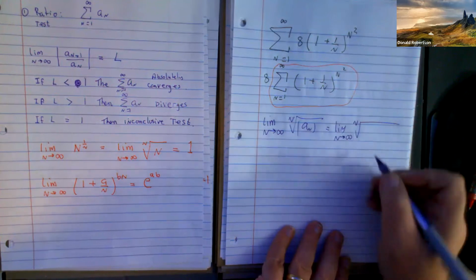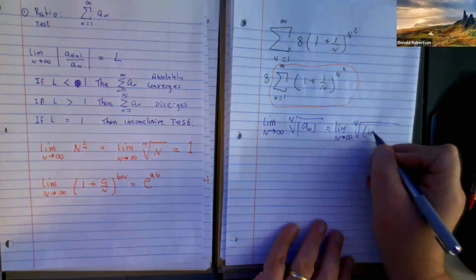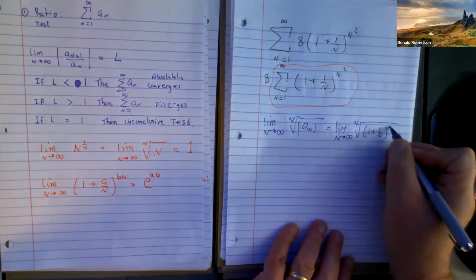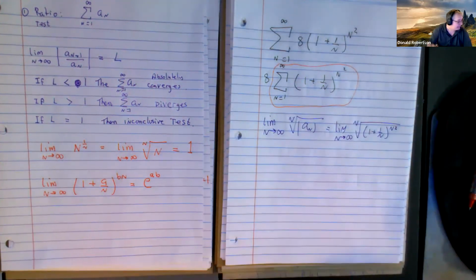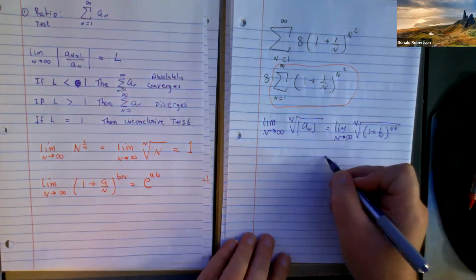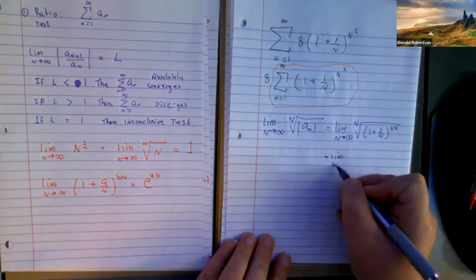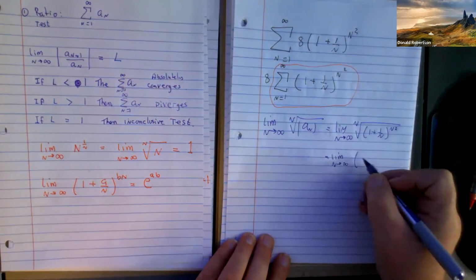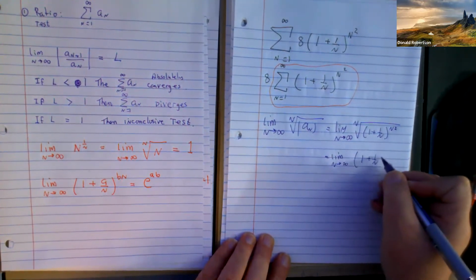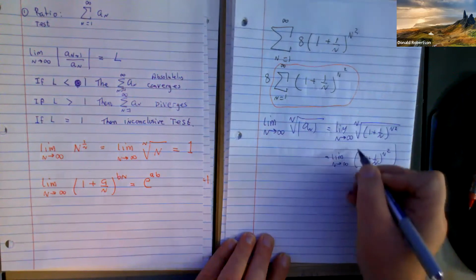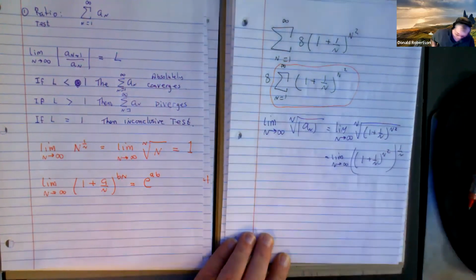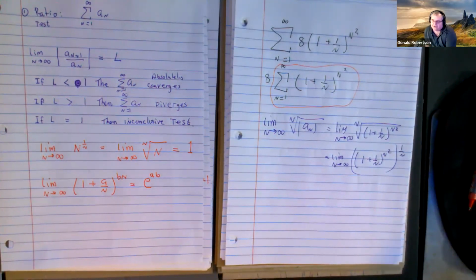So it's going to be the nth root of 1 plus 1 over n to the power of n squared. Okay, if you don't like it this way, because some people don't, you might want to see it in the equivalent form. They both are going to get me the same answer.